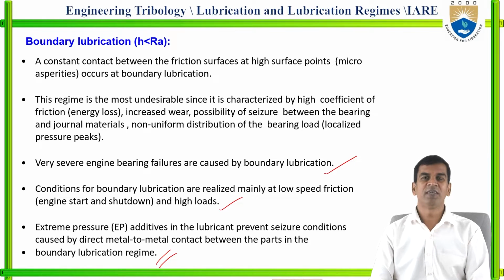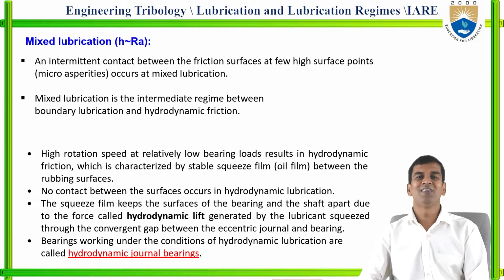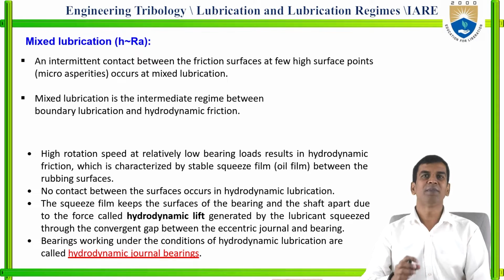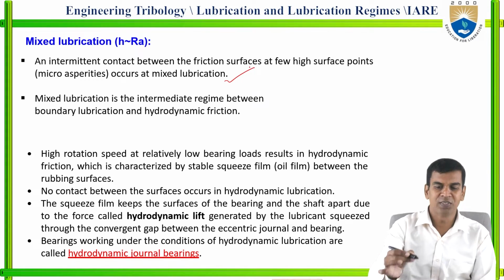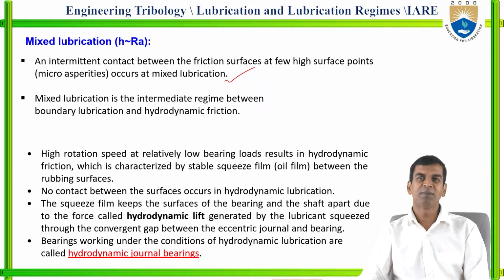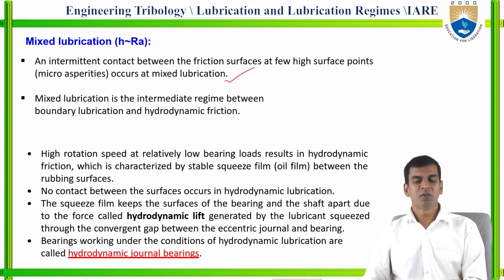Now we will see the next regime, mixed lubrication. Here the thickness is approximately equal to the roughness. There is intermediate or intermittent contact between the friction surfaces at a few surface points. Mixed lubrication is the intermediate region between boundary lubrication and hydrodynamic lubrication.